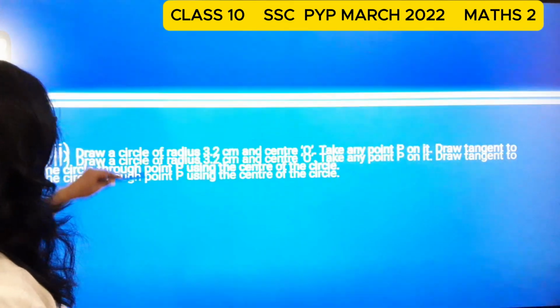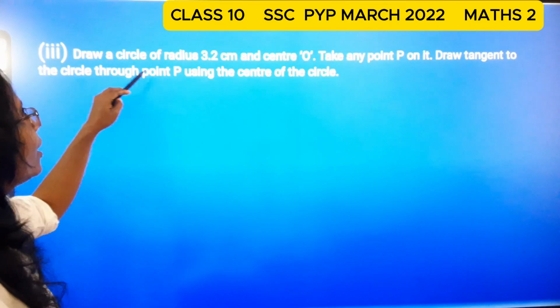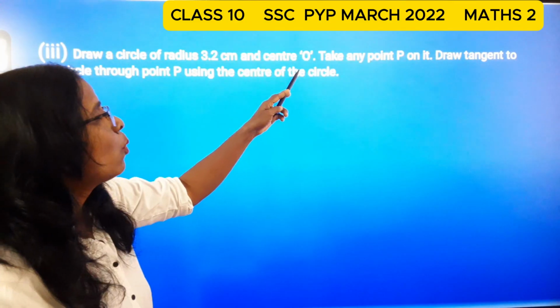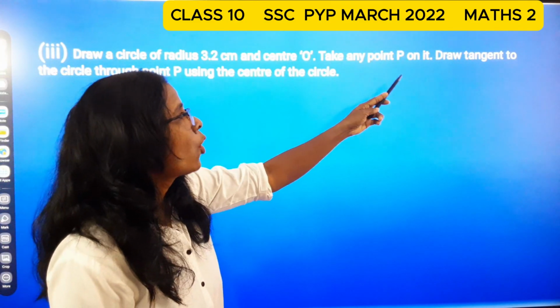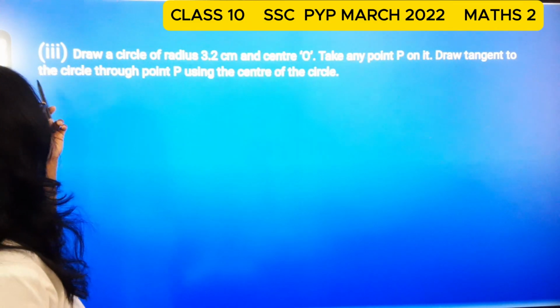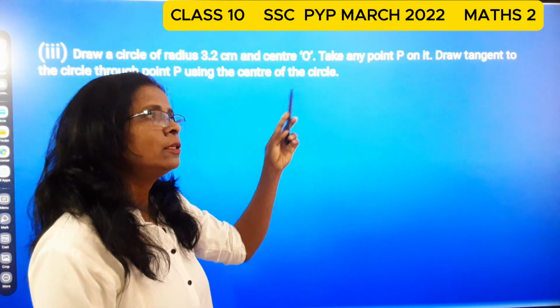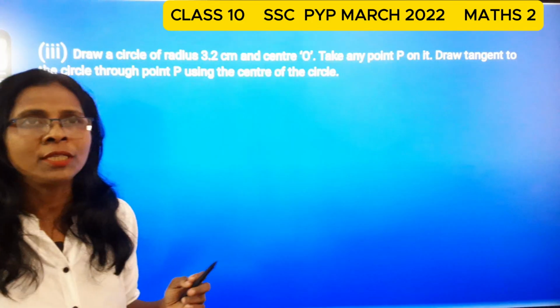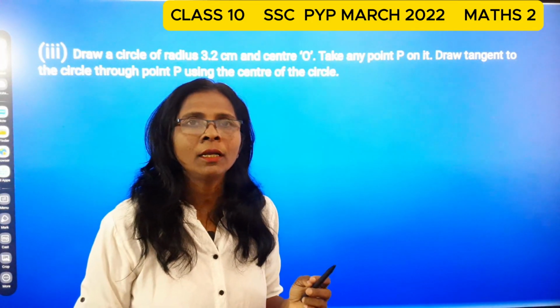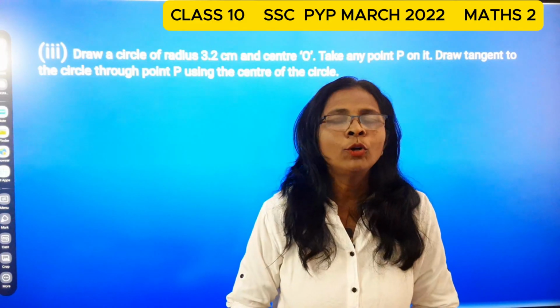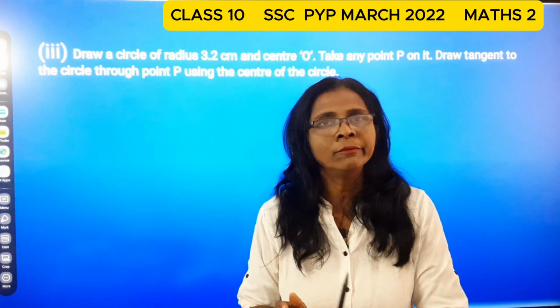Next example, students: draw a circle of radius 3.2 centimeter and center O. Take any point P on it. Draw a tangent to the circle through the point P using the center of the circle. Such geometrical constructions we do in a separate video.